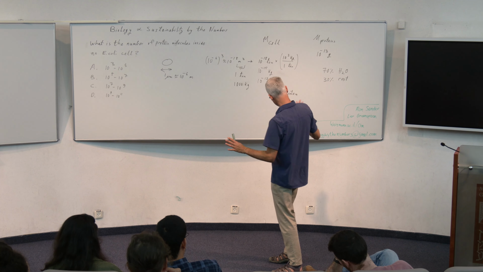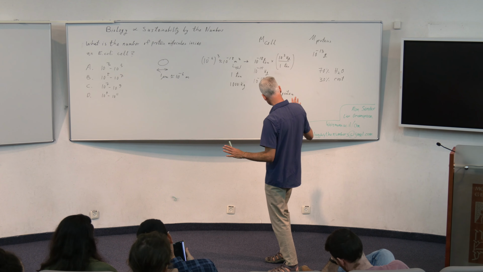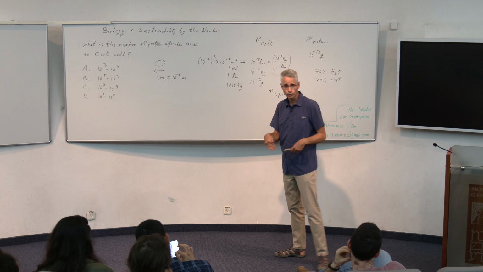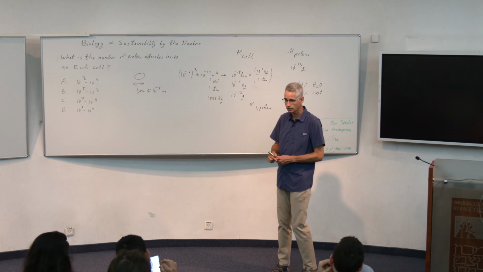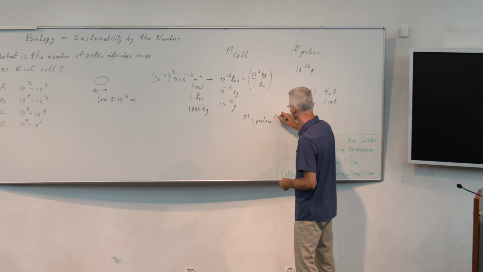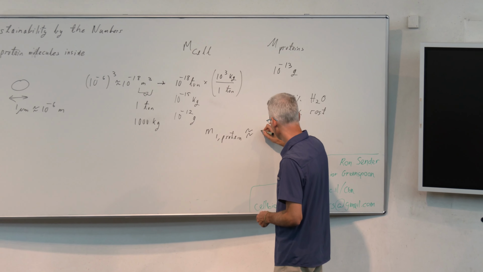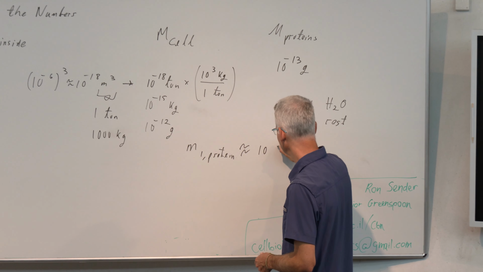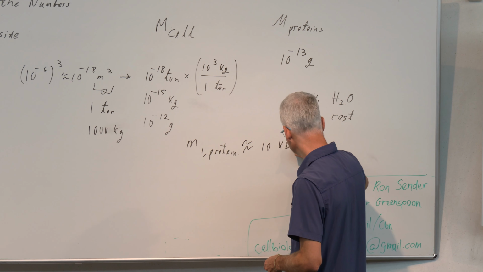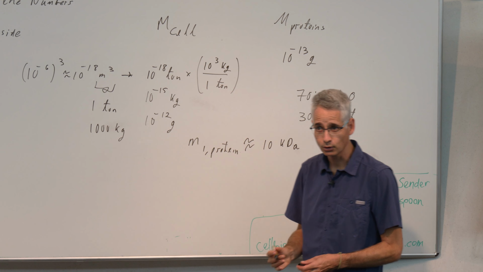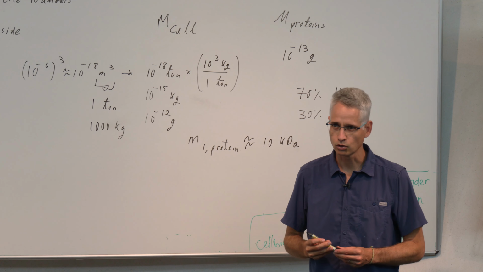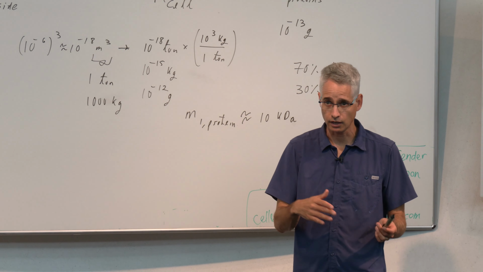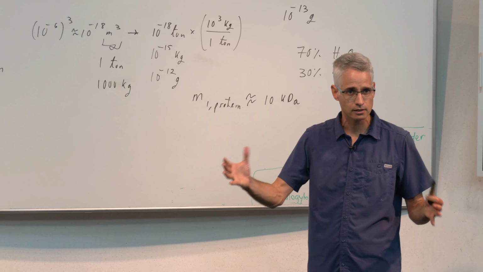Let me think how best to proceed from here. Okay, so let's say we did this jump of logic that we know that it's, say, around 10 kilodaltons. So we'll talk about it in the next class when we start talking about sizes and concentrations.